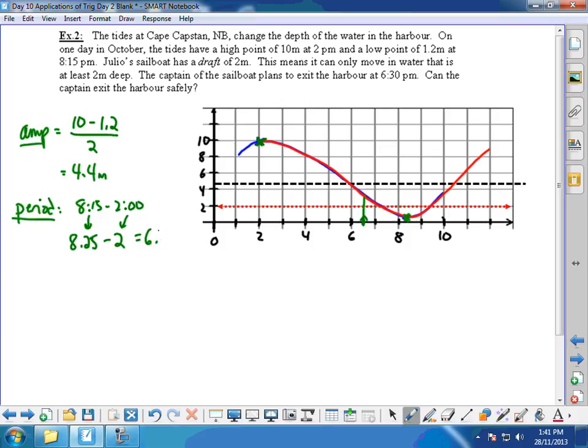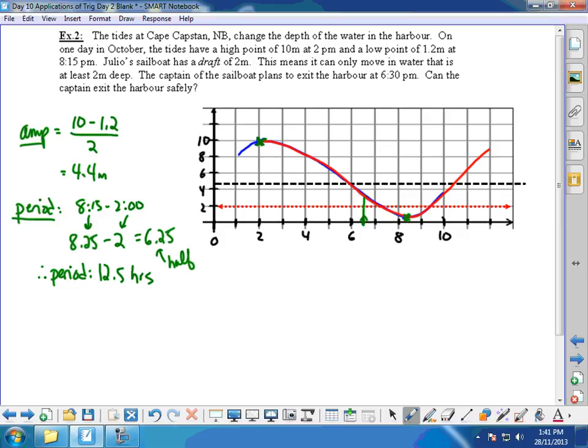So that's 6.25 hours. So 6 1/4 hours, 6 hours, 15 minutes. That's only half of our period. So the entire period is 12.5 hours. That's our full period, 12.5 hours, which is reasonable. It's just a little bit off 12 hours.